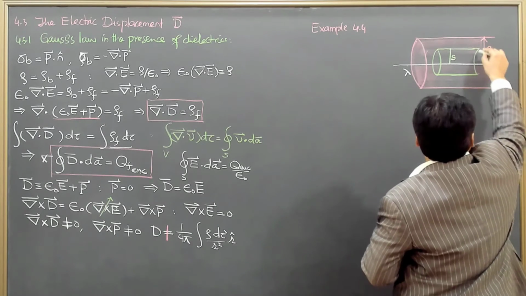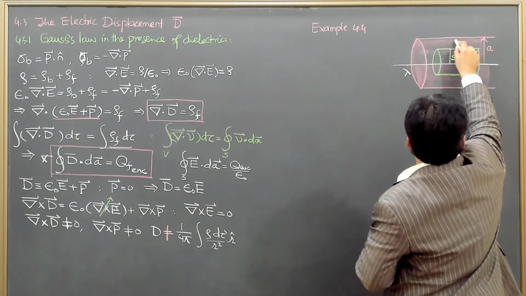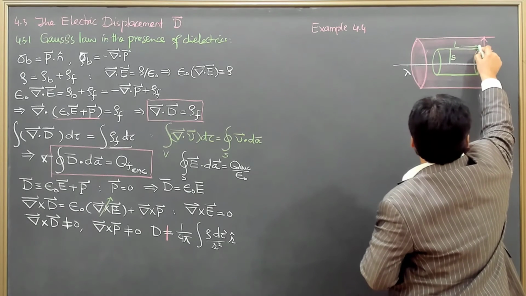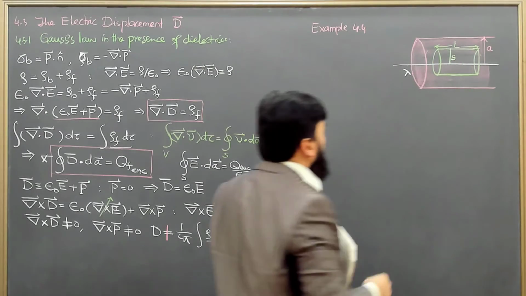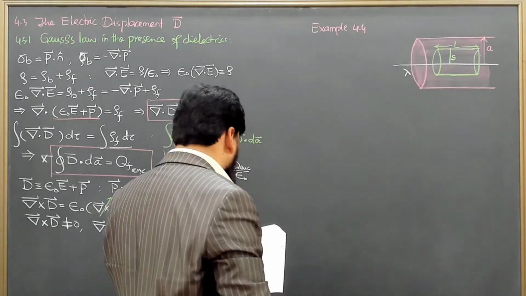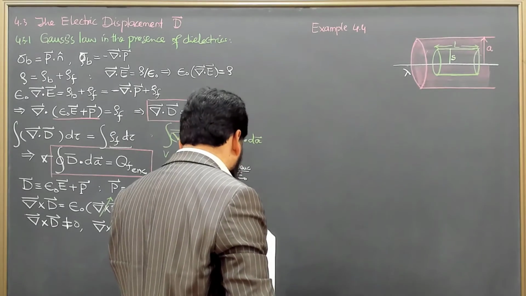Let's say this length is L. This is the Gaussian surface that we considered for calculation using Gauss's law.